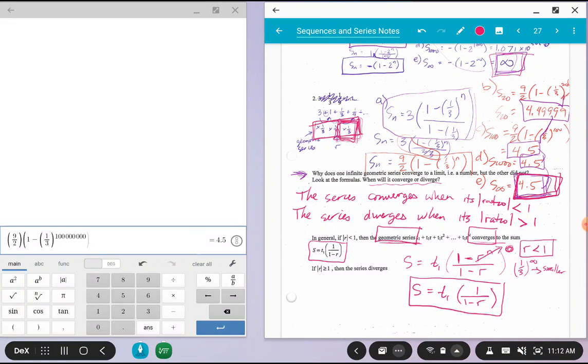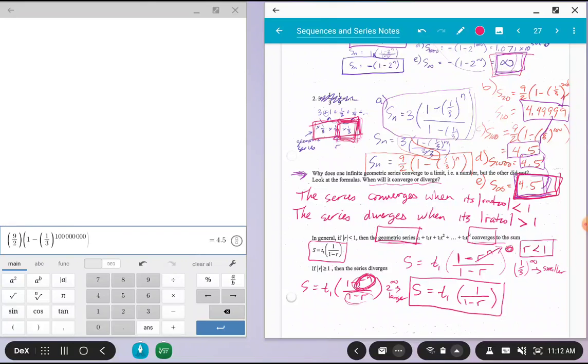If you find that the r value is greater than 1 or even equal to 1, then again, based off of the formula that we've talked about, t sub 1 times 1 minus r to the n over 1 minus r, then that must mean that this number, let's say it's bigger than 1, let's say it's a value of 2 to the power of infinity, is going to get larger. And because it gets larger, this gets bigger and bigger and bigger, and this relatively stays pretty small, right?